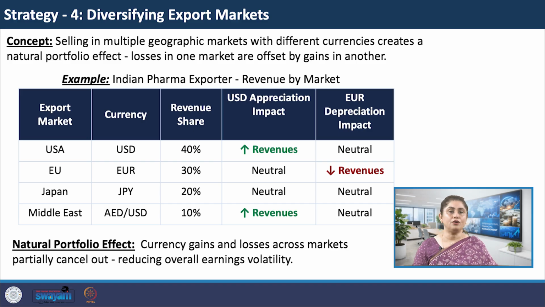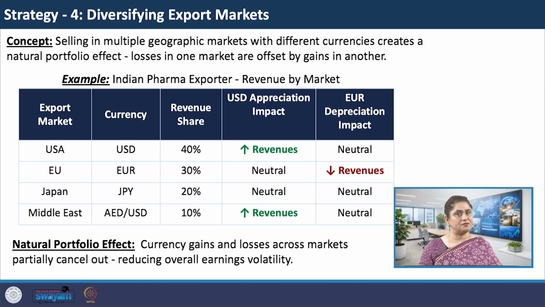But the euro and Japanese yen may not have moved identically. The euro might be weakening against the rupee at a different rate or strengthening. The Japanese yen might be strengthening, which actually helps the Japanese revenue stream in rupee terms. The portfolio effect means the movements partially cancel out.